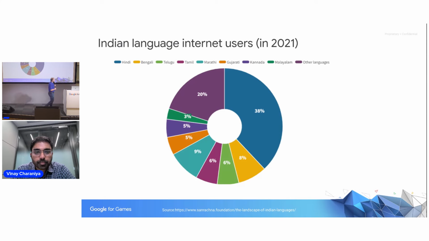If we go further and ask ourselves what the top languages in terms of internet in 2020, 2021 are, you see that just 38% is Hindi, but there are a lot more languages like Bengali, Telugu, and they are extremely strong and important for specific, very big communities in that market.